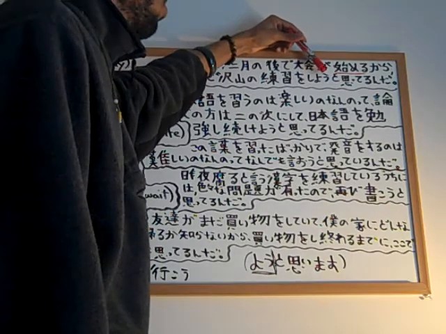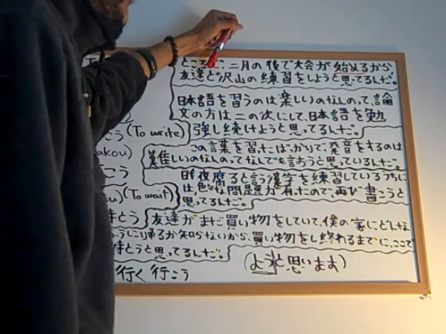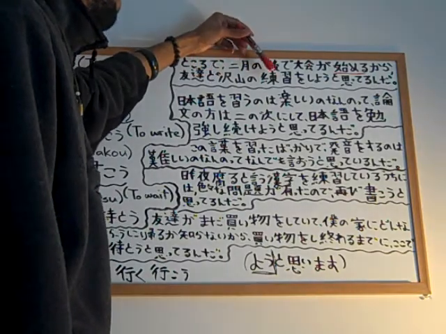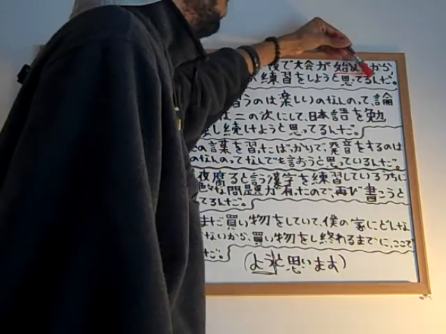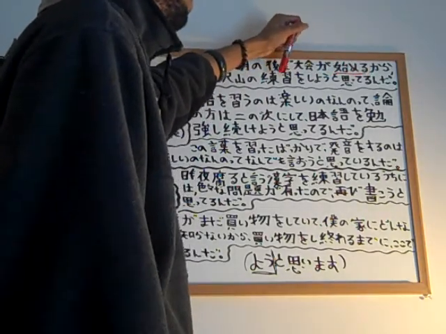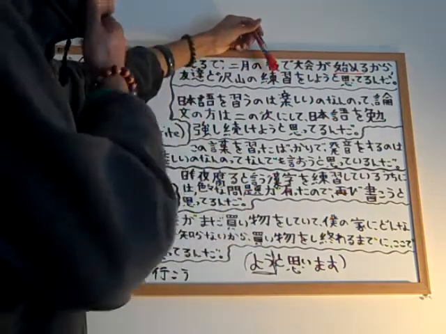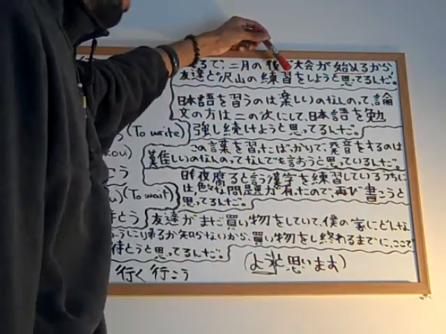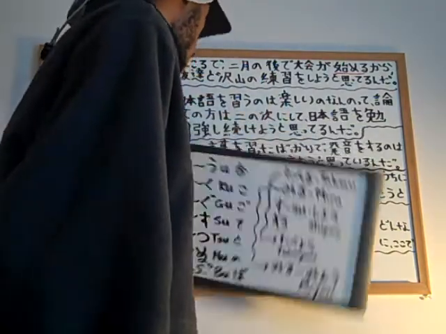O shiyou to omotte iru nda. So I am thinking about practicing a lot with my friends. Renshu o shiyou to omotte iru, that means I'm thinking about practicing. As you can see, renshu came from renshu suru, the infinitive form of that.